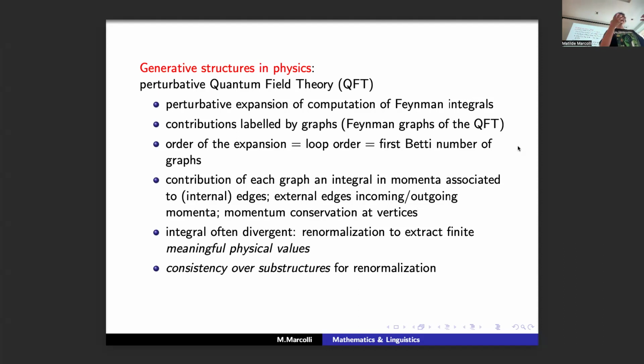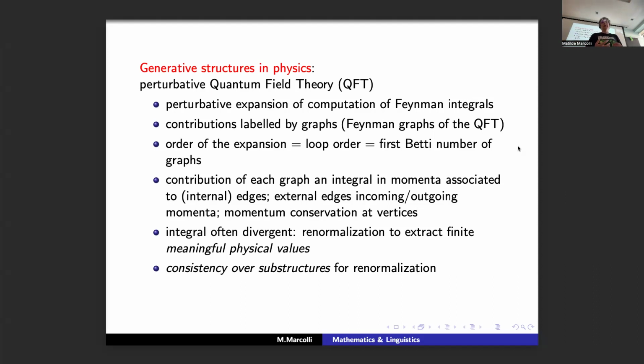The vertices of the graph represent interactions that can happen: a certain number of particles of a certain type come together, and another number of particles, possibly of another type, go out of the interaction vertex. So the valences of the vertices are the interaction terms available in your theory. The internal lines of the graph are products of these interactions that appear and disappear between interactions, and in the end, what you see is only what flows out of the entire structure. So this is the heuristic meaning of this combinatorial structure.